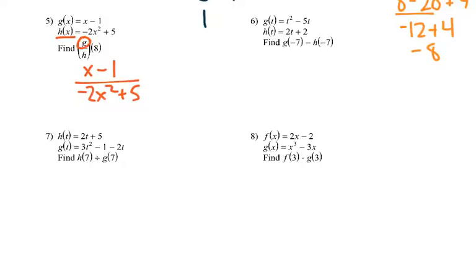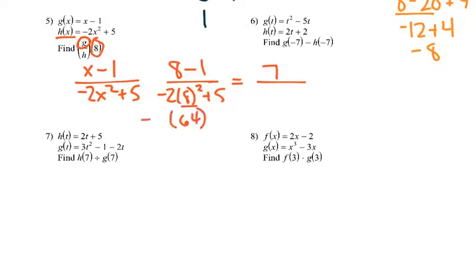We could, in some cases, simplify things to cancel stuff out, but in this case we can't, so we just change the x's to 8. 8 minus 1 over negative 2 times 8 squared plus 5. So 8 minus 1 gives us 7 over 8 squared is 64 times negative 2 is negative 128 plus 5 would give us negative 123.